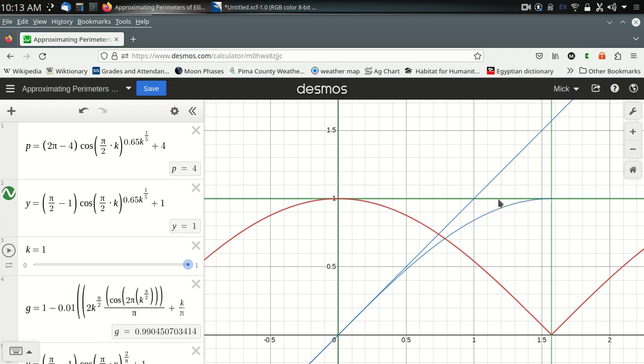Okay, so if you're trying to do the general integral, what you're looking for is how does this blue line shift from being this straight line to being this tangent function? How does it move between those spaces?